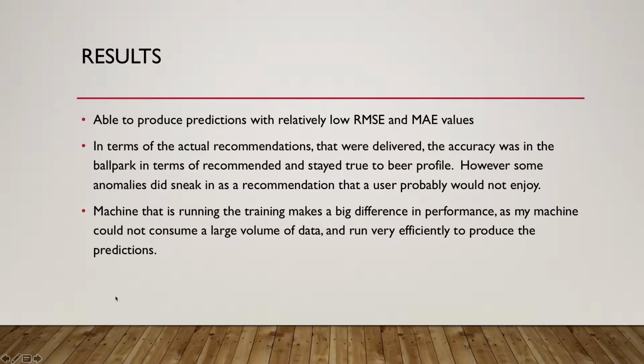So let's go to the results. A lot of this is kind of based on judgment. When I was running my application for various users, I know beer well enough to know if the results made sense. So for example, across beer, there's a few broad categories you can put people in.